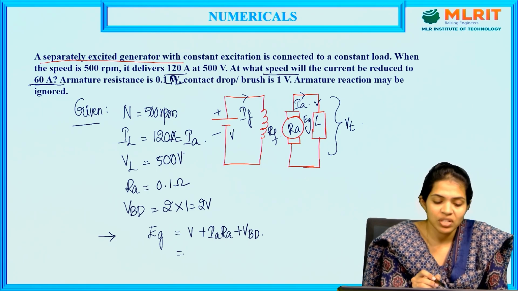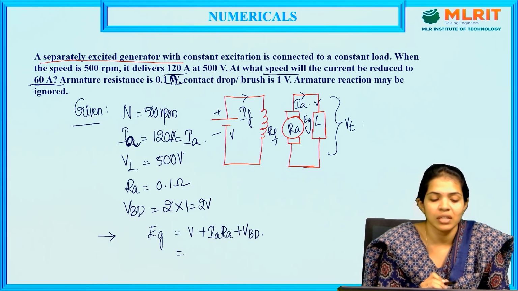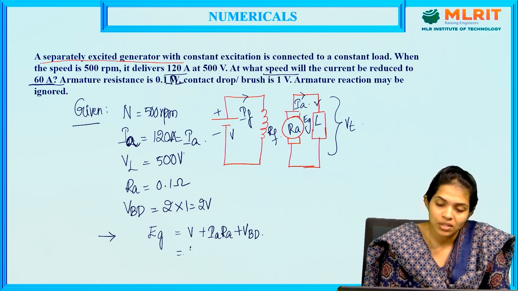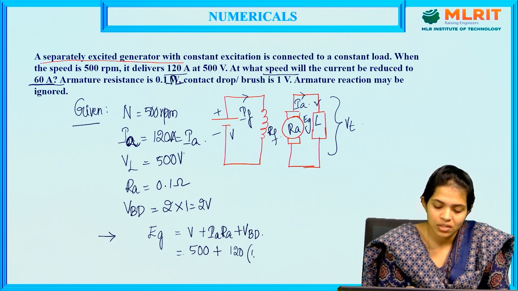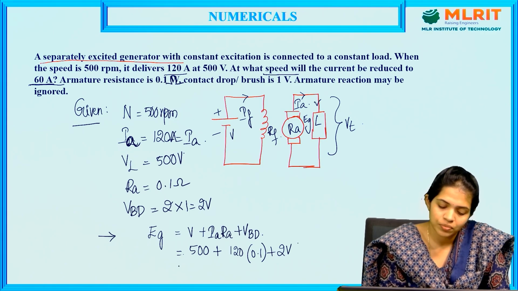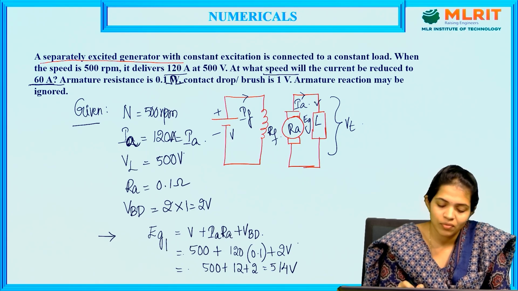The armature is delivering 120 amperes, and he has given 500 volts, the resistance is 0.1 and the brush drop is 2 volts. So we can take it as 500 plus 12 plus 2, which is nothing but 514 volts. This is EG1 when IA is equal to 120 amps.